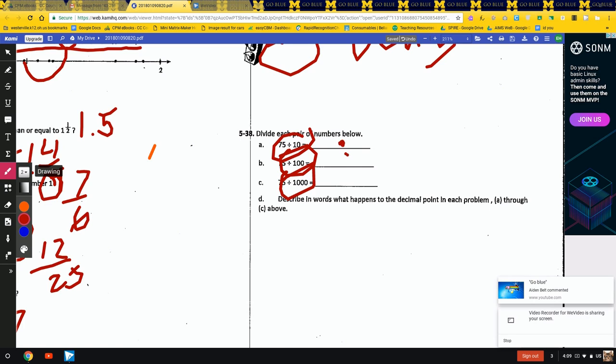You should be looking at the decimal, and that's part C here. Describe in words what happens to the decimal point in each problem. So you can say what happens here, and what happens there. Again, kind of visualize with your zeros here. You got 3 there, you got 2 there, and you got 1 there. So looking at that zero, what really happens to the decimal for each answer? Just give us a quick explanation.